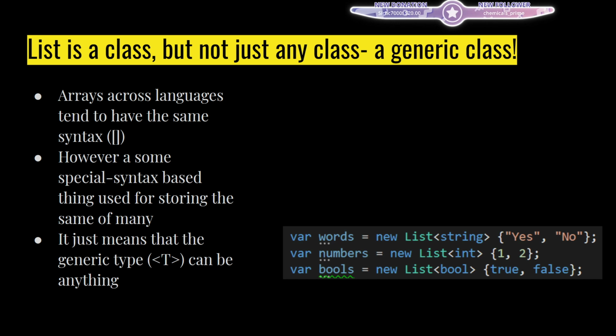And that's the benefit of generics. You can have a generic class which works with no type in particular, because all different types can be treated in a generic way. Like, I don't need to know if a type is a string or an int or a bool if I just want to add or remove elements in that list.